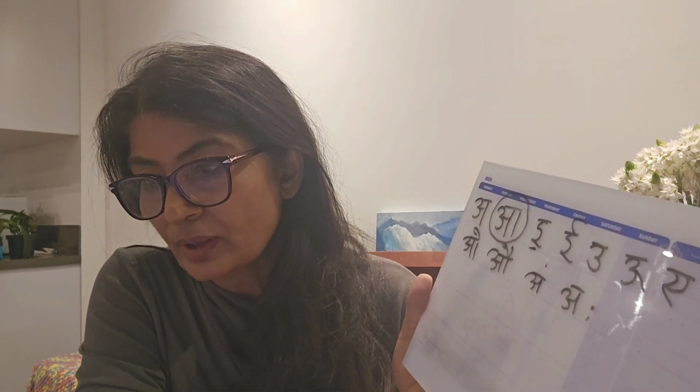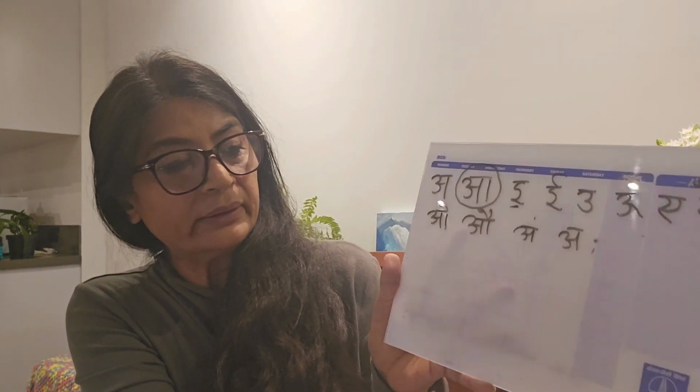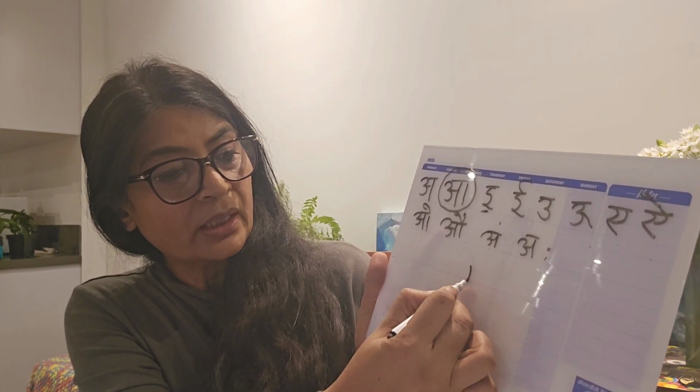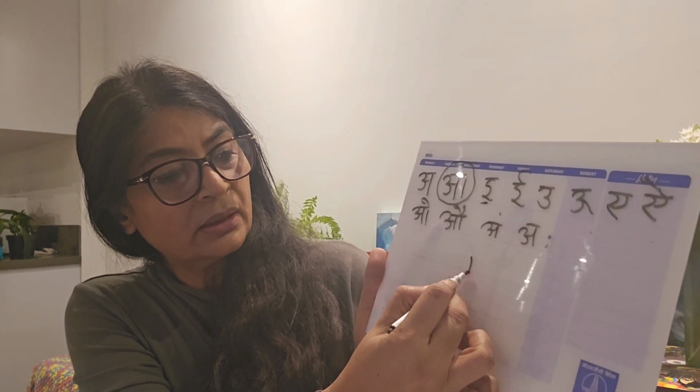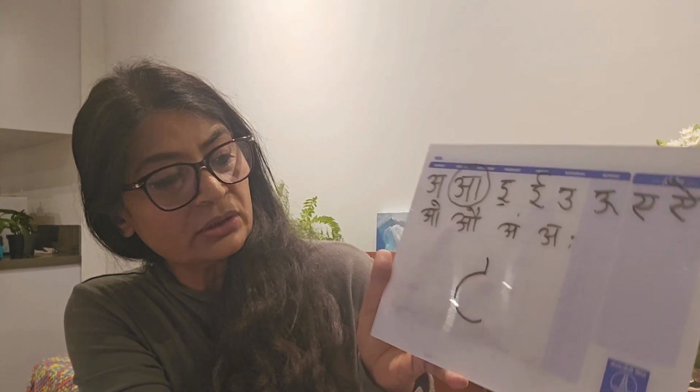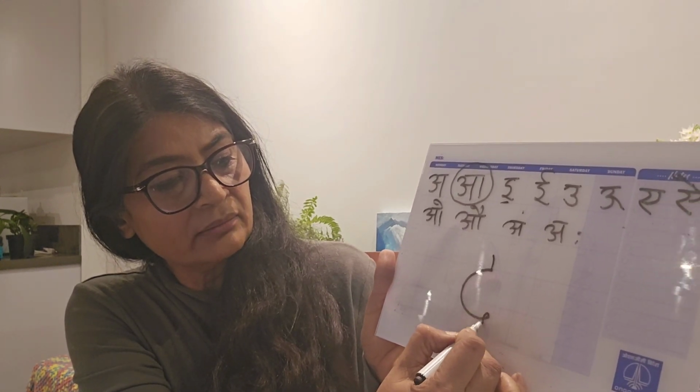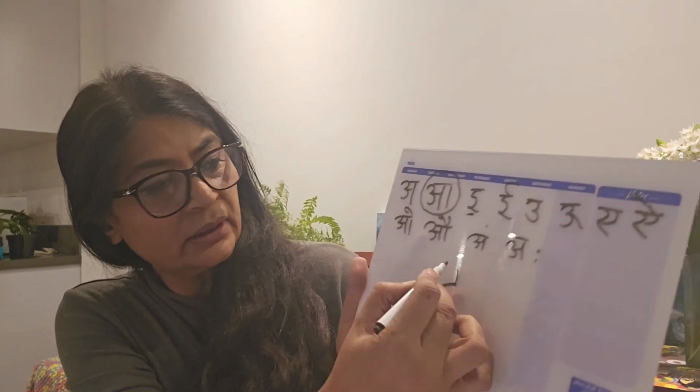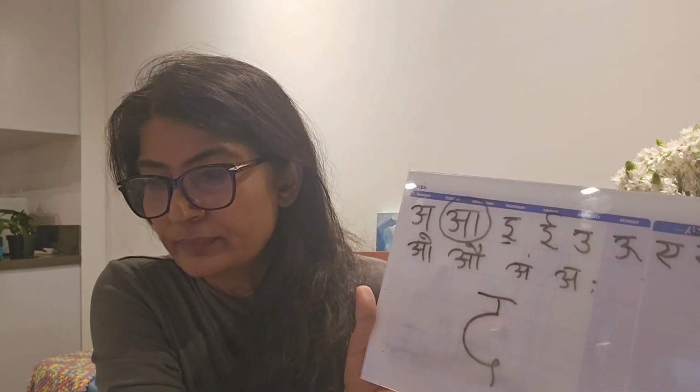Suppose I want to say Da. So my Da is, I make a line here, a half circle, and a kind of tail here, and this is my Da.